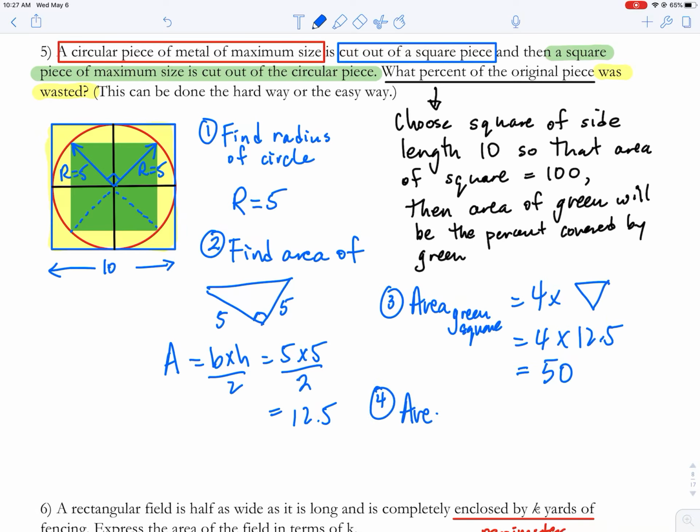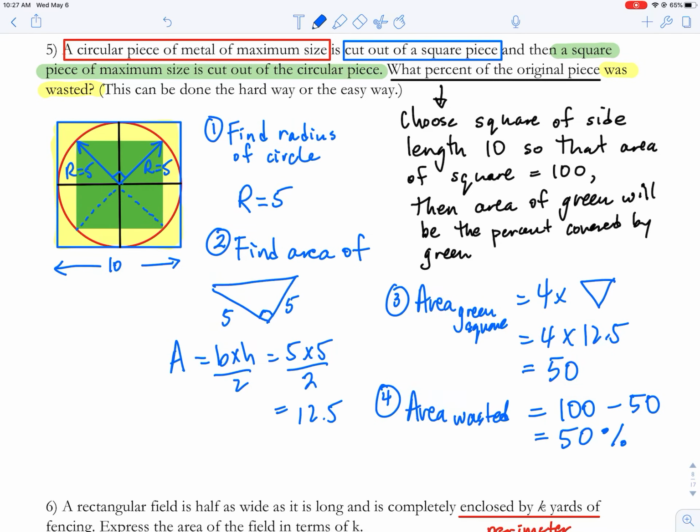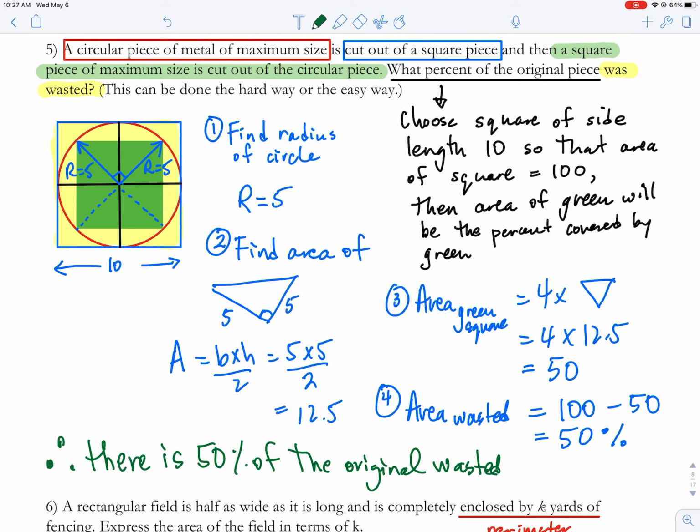So the area wasted is going to be what we started with, 100, take away how much got used by the green square, which was 50. So how much is wasted is also going to be 50. And I know they were in units, but we made them equal to percent. So what percent of the original piece was wasted? Therefore, there is 50% of the original wasted.